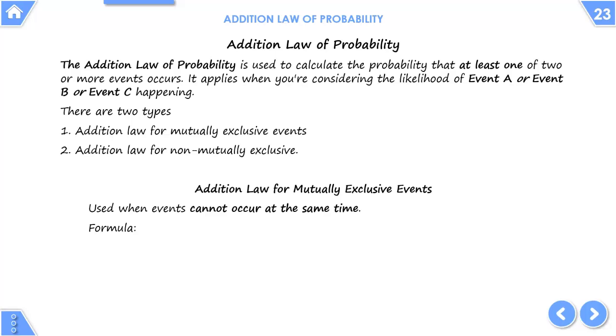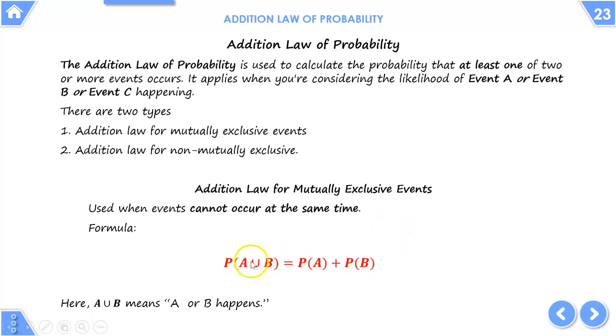So for mutually exclusive events, the formula is given by the probability of A, which represents the first event, union B, which represents the second event, is equal to probability of A plus probability of B, because they are mutually exclusive. When we are using addition, we mostly talk about finding this or this occurring.